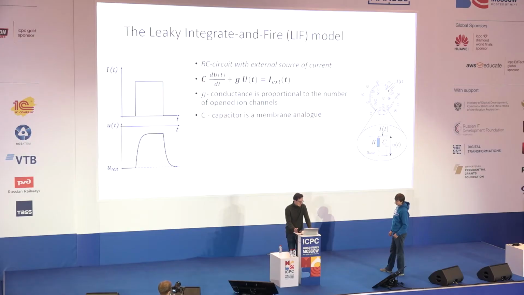On the upper plot, you can see the current, and on the lower plot, you can see the behavior of the membrane potential. When we start to inject current, there is an exponential increase of membrane potential. But when we stop the current injection, the membrane potential starts to decrease exponentially.